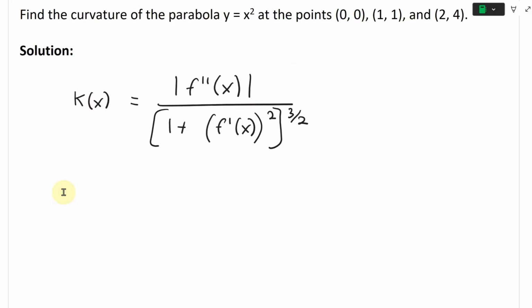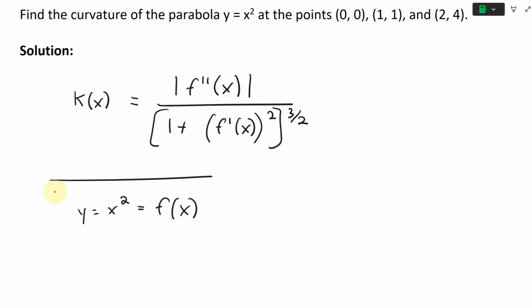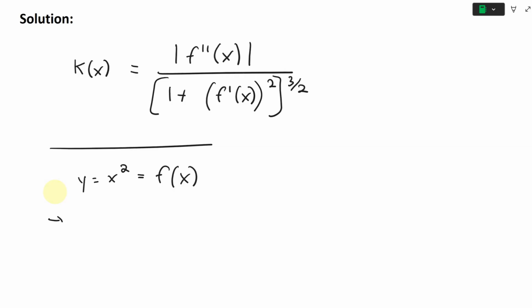So let's write this down. We have y equals x squared, and again, this is just a function of x. This is our f(x). Then for the derivative, y prime is equal to, bring the 2 down and subtract a power, so 2x, and again this is just f prime of x.